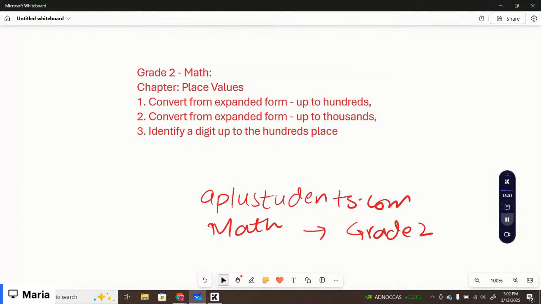The lessons we're going to cover today are convert from expanded form of 200s, convert from expanded form of 2000s, identify a digit of 200s place.